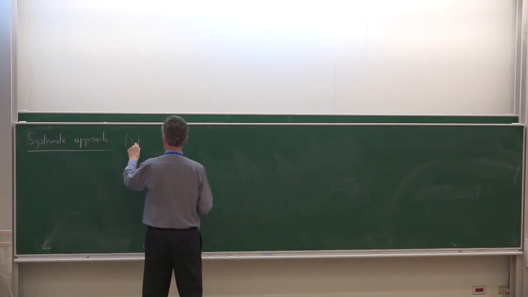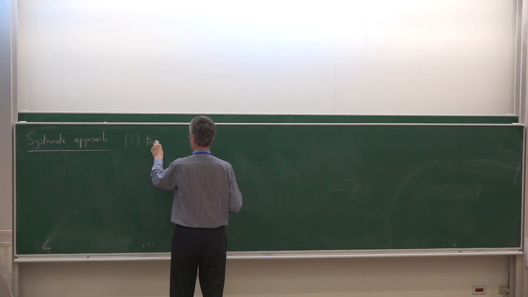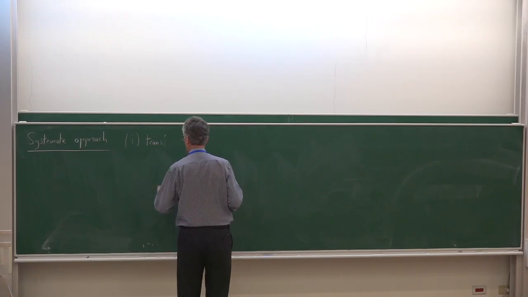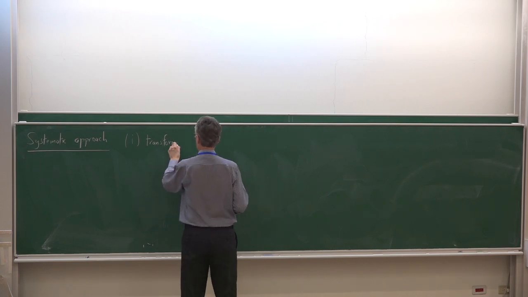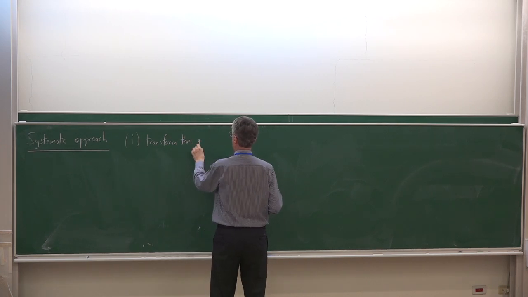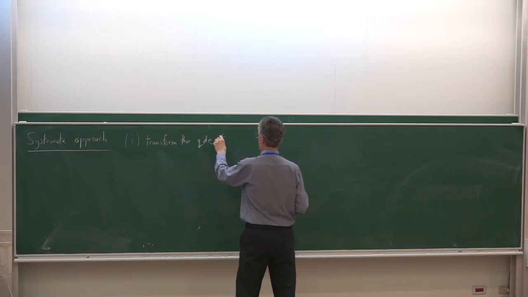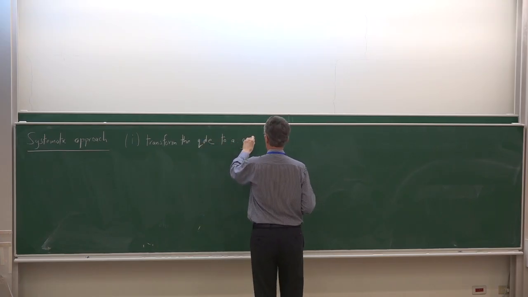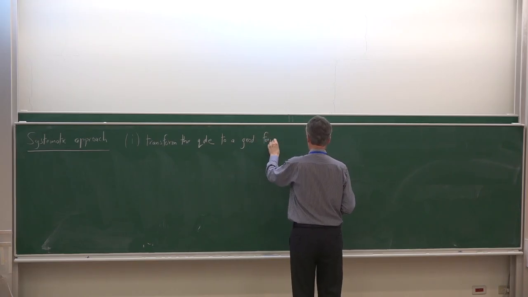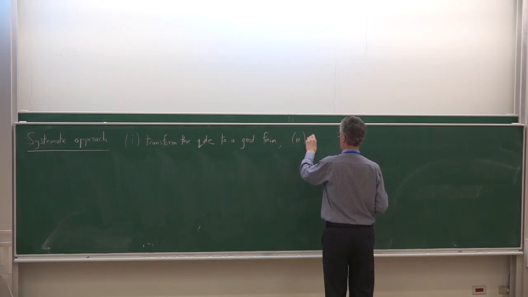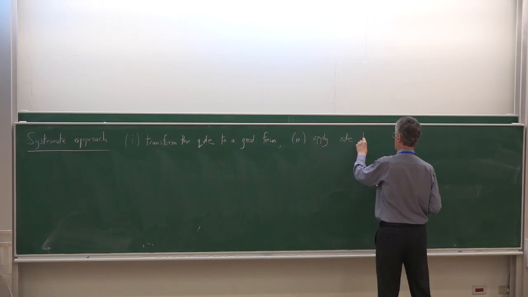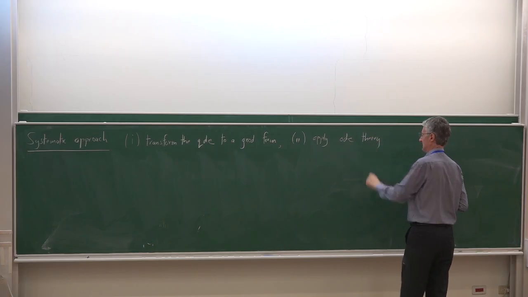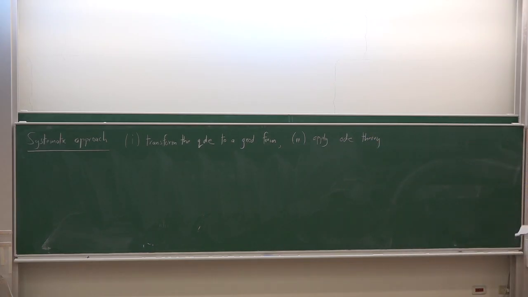Well, the first step is going to be to transform the quantum differential equation to another form, to a good form. And the second step will be to apply ODE theory properly. I mean, rigorously. So the previous version was not so rigorous.